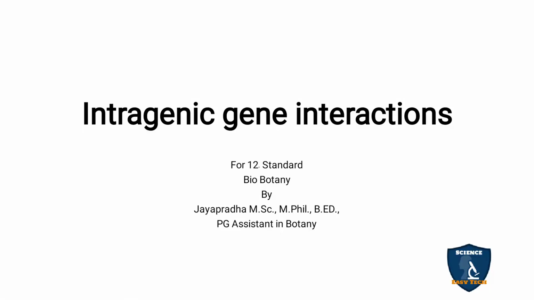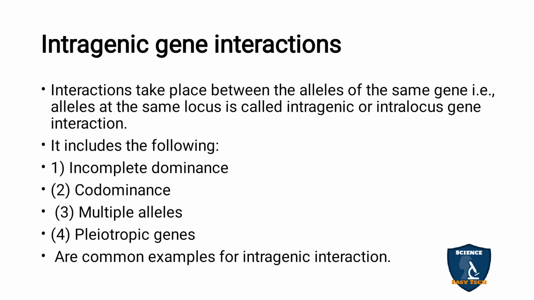Today we're going to discuss intragenic gene interactions. As we have already seen the intergenic gene interactions, the intergenic interaction takes place between two genes, that is, alleles present on the loci of two genes. But here the interaction takes place between the alleles of the same gene, that is, the alleles at the same locus.